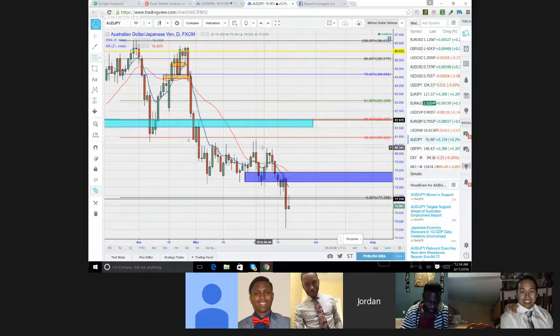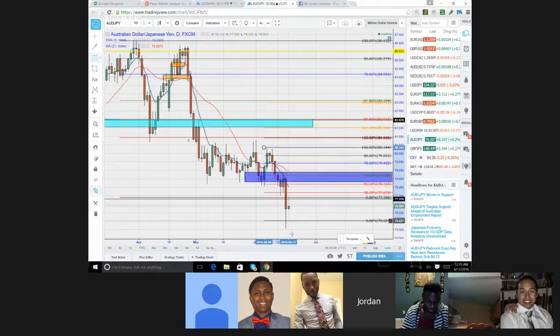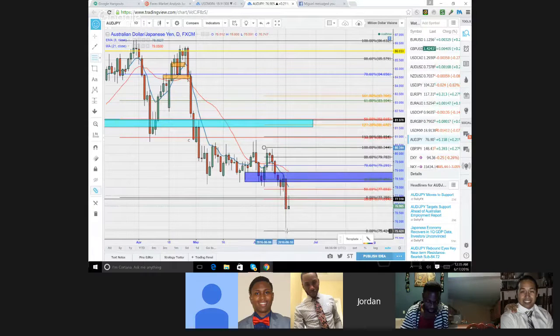Actually, I'm going to start it from here, from the impulse leg down. The first thing I see, we got a 38.2 right here in the structure. And then we still got this structure level of our 61.8. So that's where I will be looking to get short, unless we get a lower low and a lower close right here for a swing trade setup.